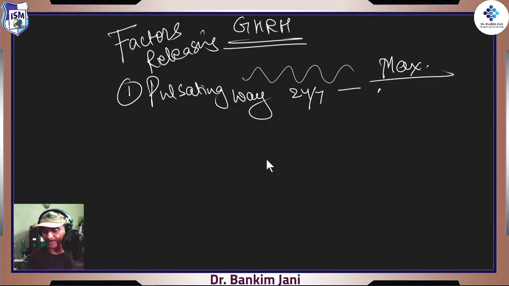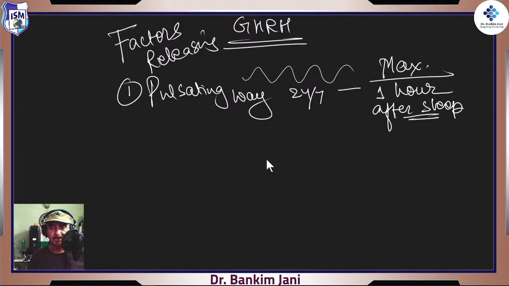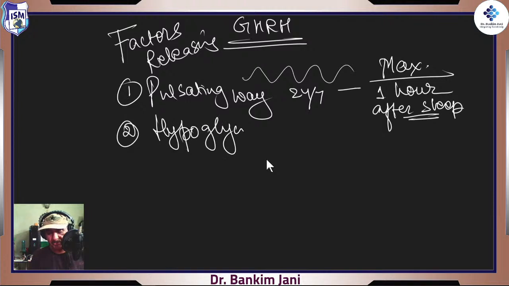But when it is maximum, it is 1 hour after sleep. And so much research has been done on this. So if the sleep is disturbed, it actually affects GHRH, right? Second is in case of obviously hypoglycemia, because growth hormone is known for that entire process.